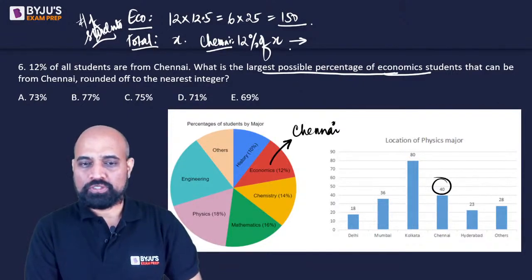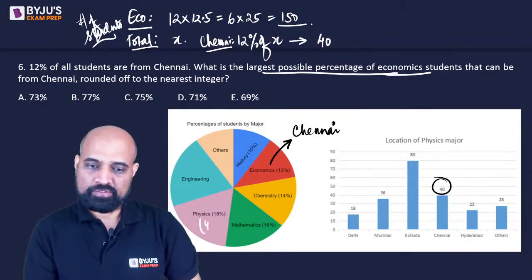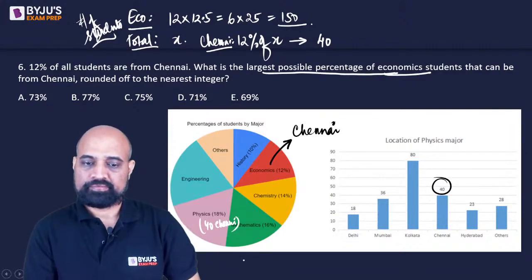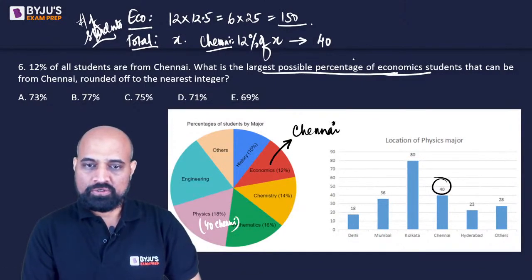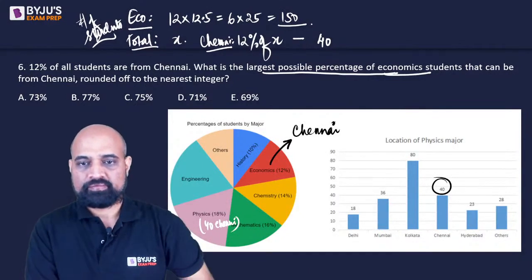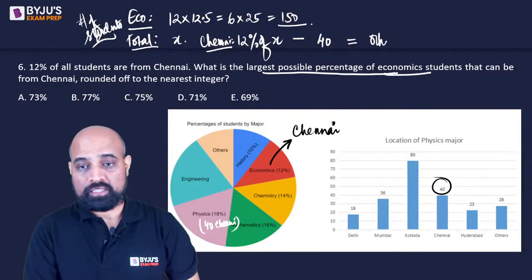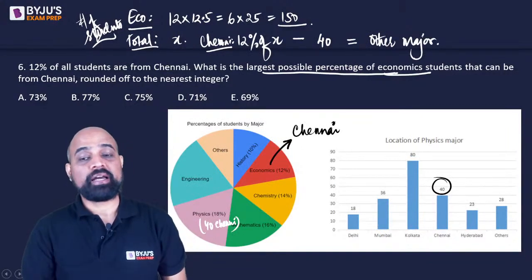Out of these total students who are from Chennai, 40 students, they are in physics. 40 students Chennai के physics में. तो if we subtract, can we say these are the students who can go to other majors? 12% of X minus 40.